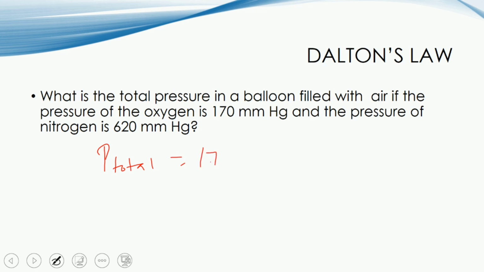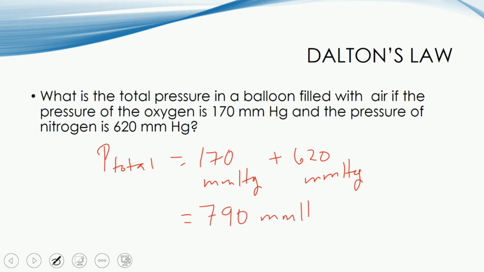So 170, and you don't have to write the units when you're doing the addition, but it's actually good practice to do that. I usually don't because sometimes I run out of space on the screen. So here we would have 170 plus 620. That would give us a total pressure of 790 millimeters of mercury. So that would be our total pressure. And that is Dalton's Law.